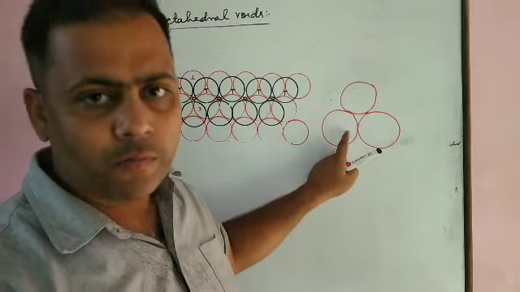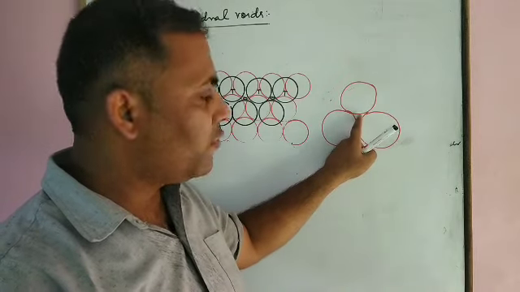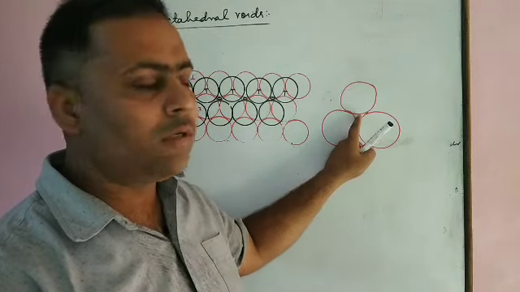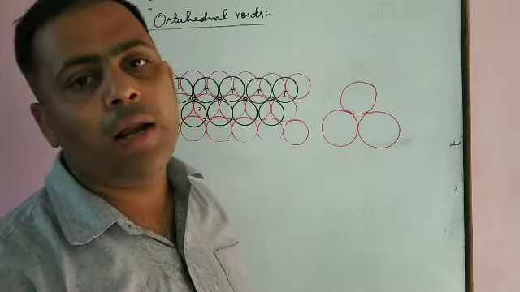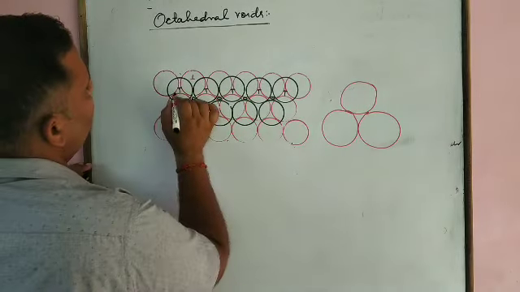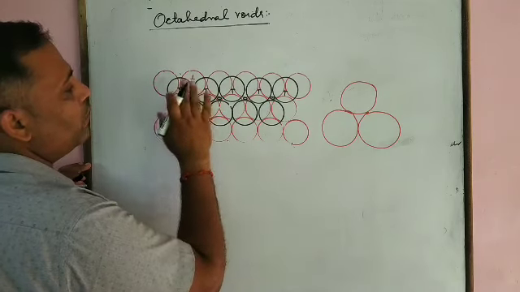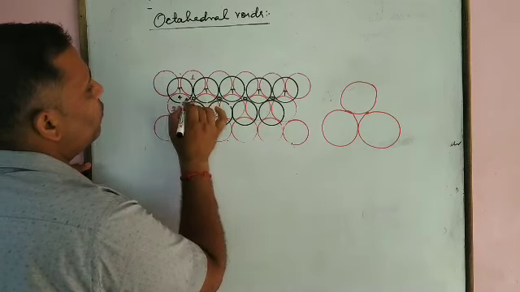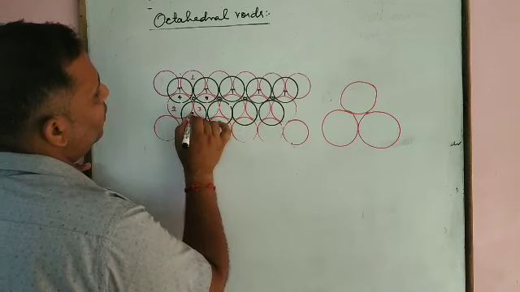It is the sphere of the first layer, which has triangular voids having apex in the downward direction. The next, these black ones are spheres of the upper layer, named 4, 5, and this one is 6.